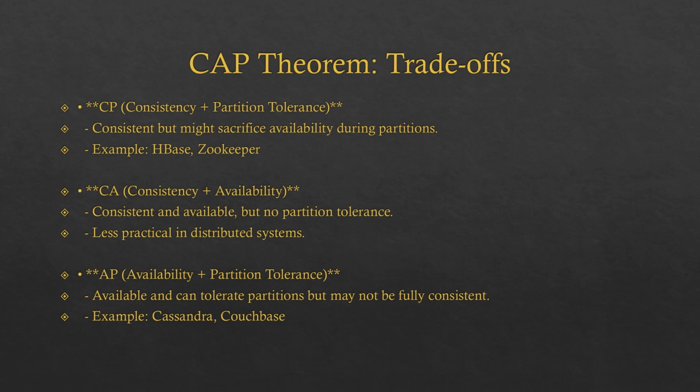This setup guarantees both consistency and availability, but it fails to handle network partitions, making it less feasible for distributed systems. AP. Availability plus partition tolerance. Systems like Cassandra or Couchbase prioritize availability and partition tolerance, but they may not always be fully consistent, often relying on eventual consistency.